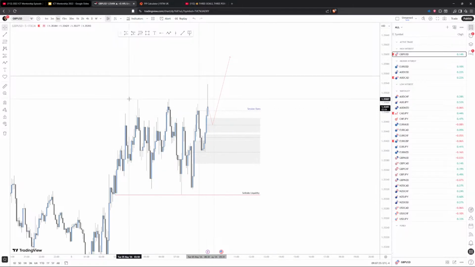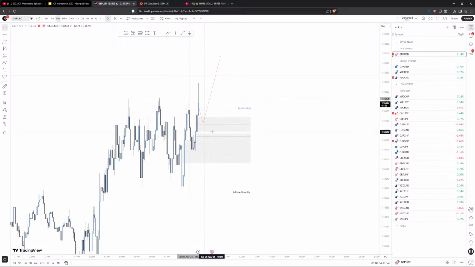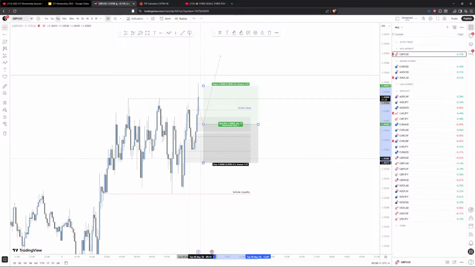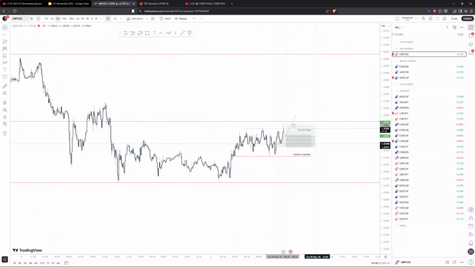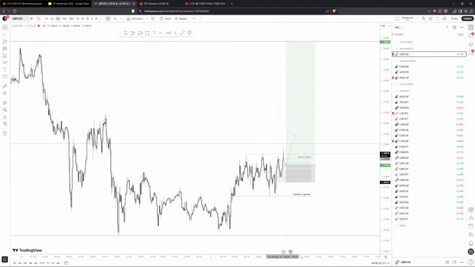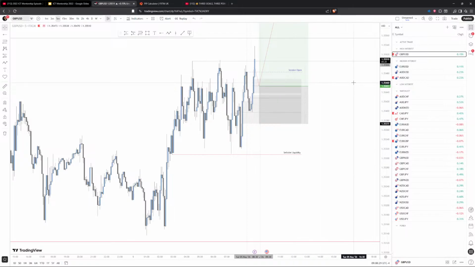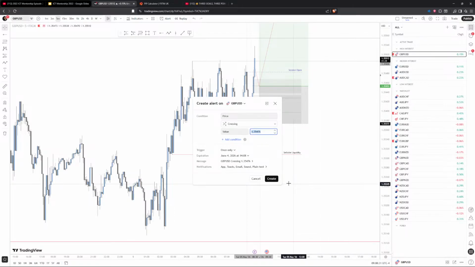And the stop loss being around about here. And we can set the alert.